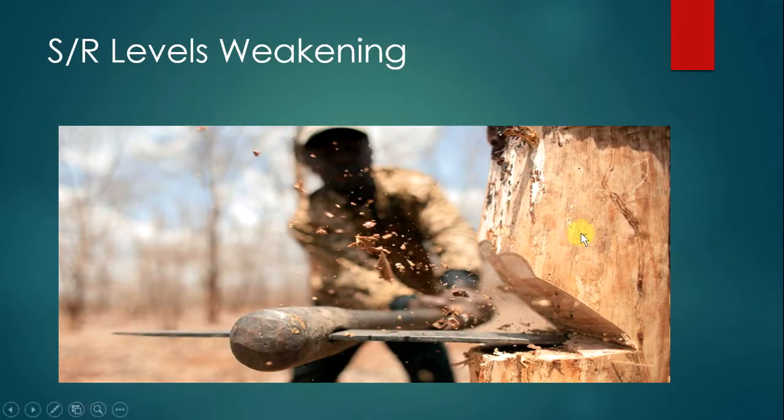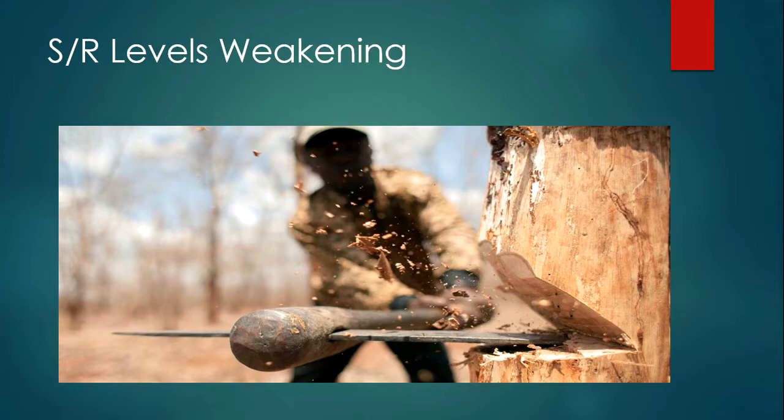A good way to remember this is to think of a lumberjack chopping down a tree. Every time he smashes the tree with his axe, the probability of the tree falling on the next hit increases with every hit that occurs.